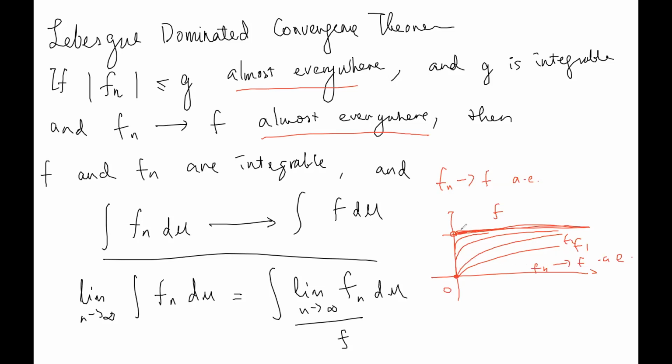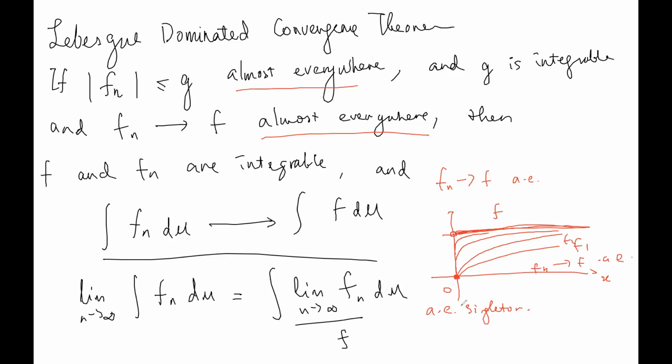In the limit, for all values of x, your Fn is actually F, but at x equals 0, at that point only, it is different. This is what we mean by almost everywhere, because this point is a singleton.